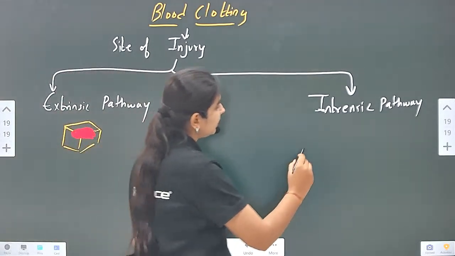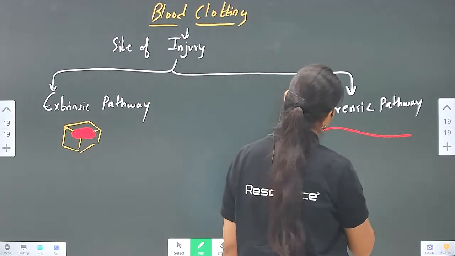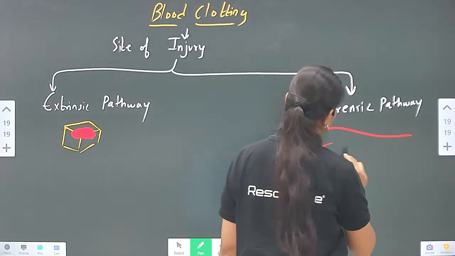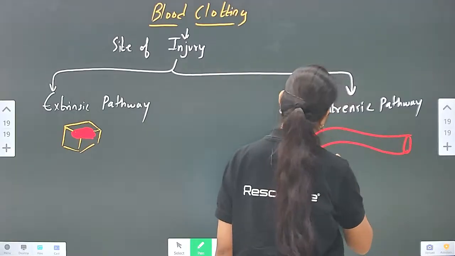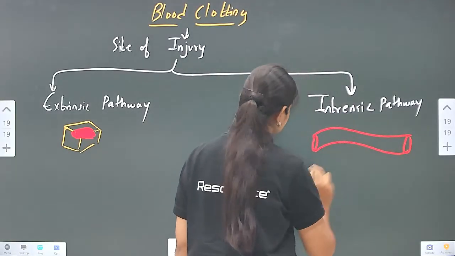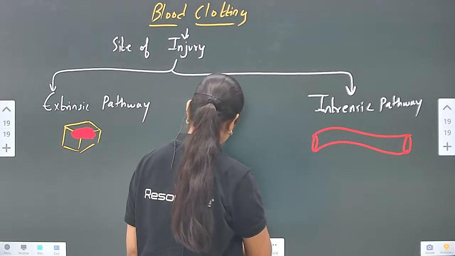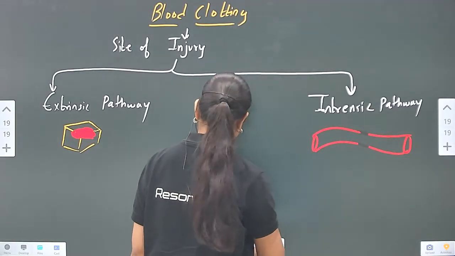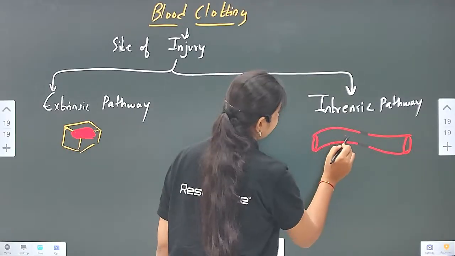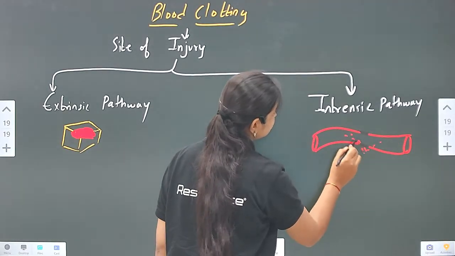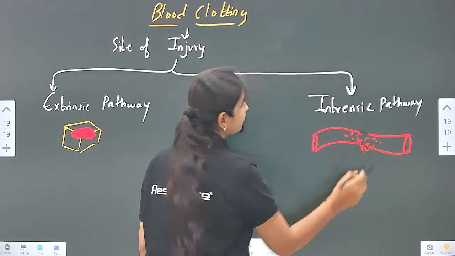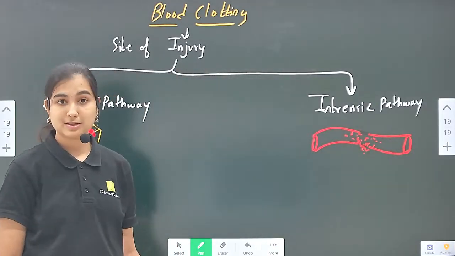Now, apart from that, the blood vessels which are present inside. Now, here if there is damage, what will happen? There is a loss of blood.